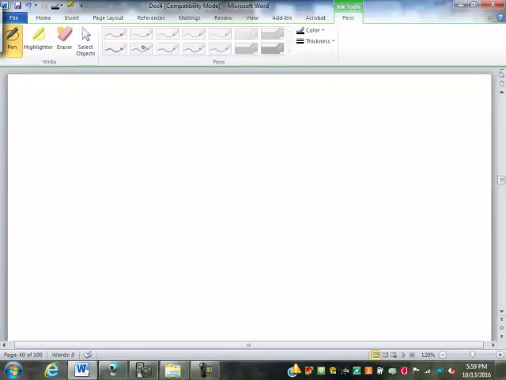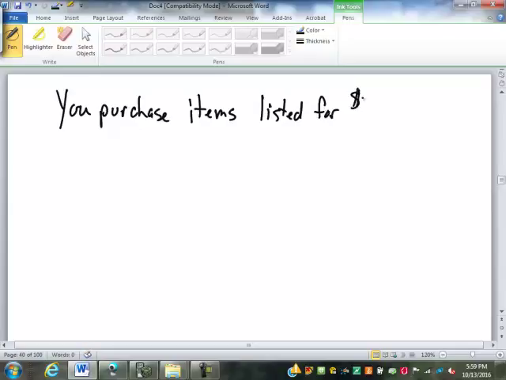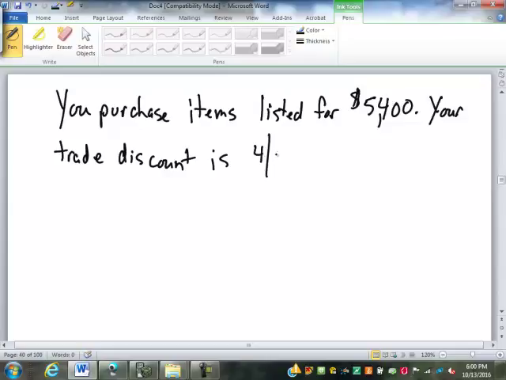So let's take a look at another example. Let's say you purchase items listed for $5,400. Your trade discount is 4% and 9%.